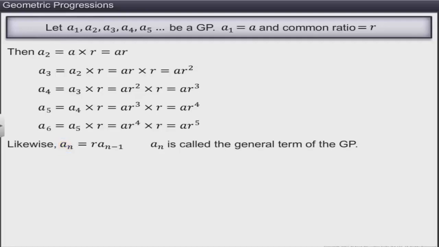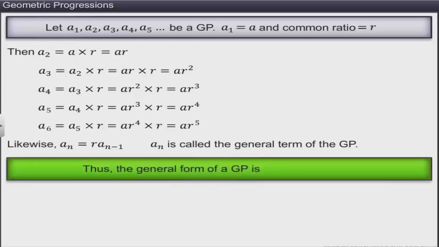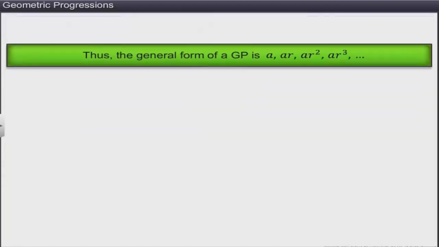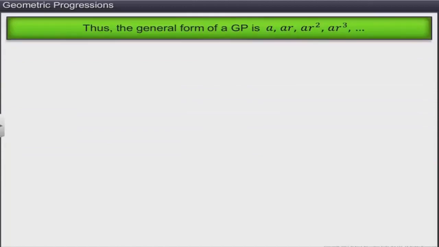Now notice that the terms of a GP follow some definite pattern as shown. The first term, A, can be written as A into R raised to the power of 1 minus 1. The second term, A into R, can be written as A into R raised to the power of 2 minus 1. The third term, A into R square, can be written as A into R raised to the power of 3 minus 1.